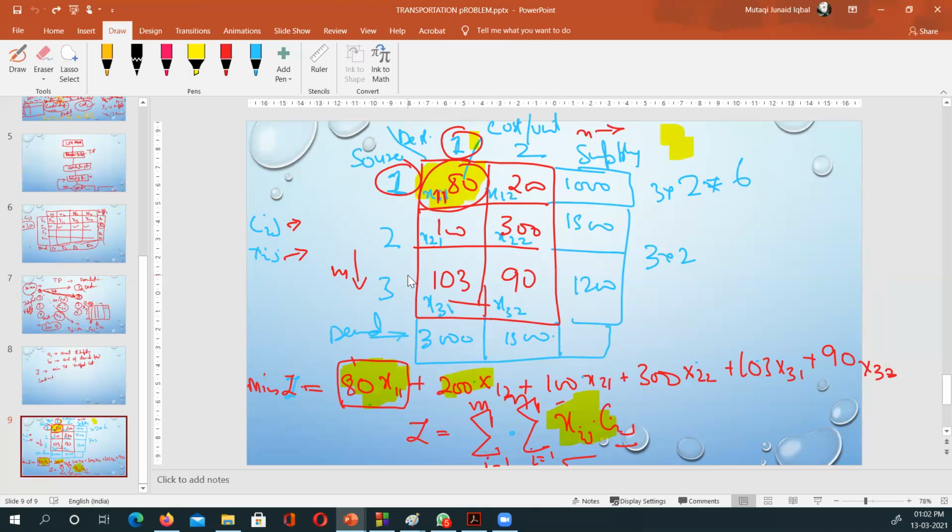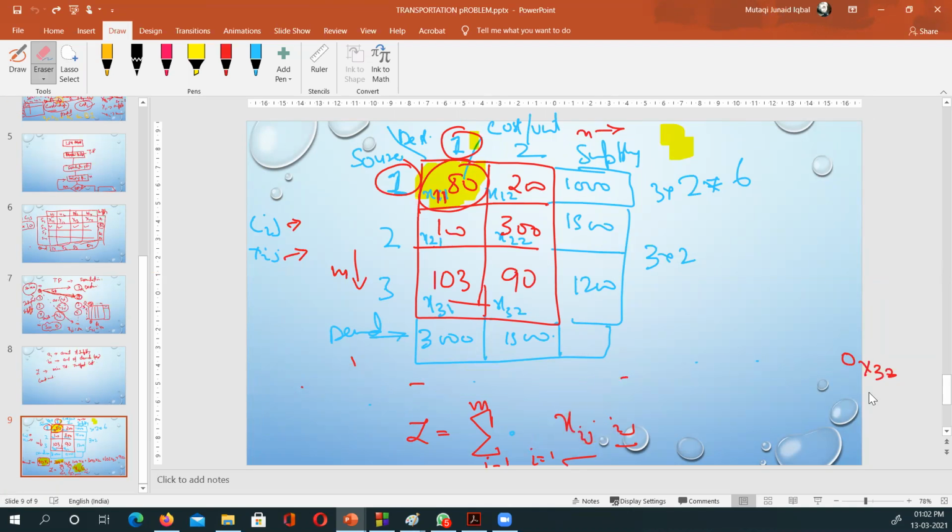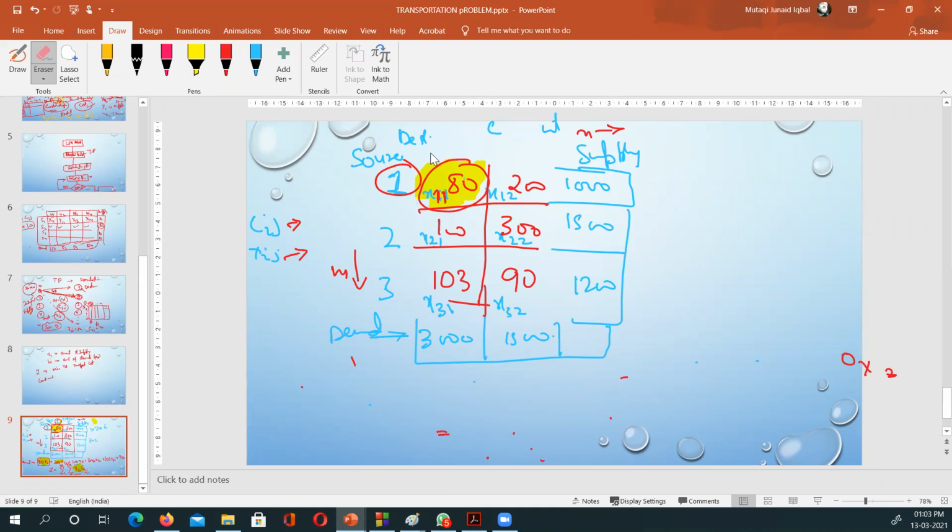Control C. I will just simply erase this one, and because we got Z, now we will try to build its constraints. One second, let me remove the clutter.